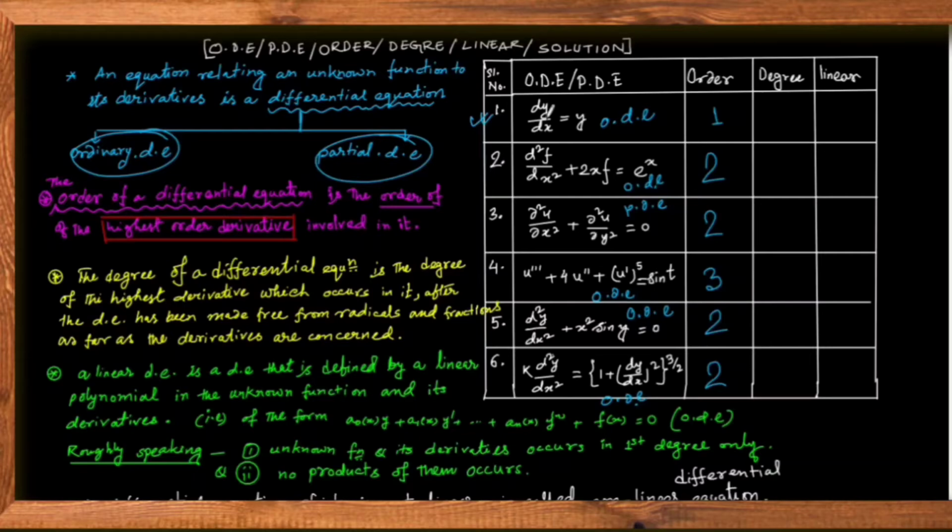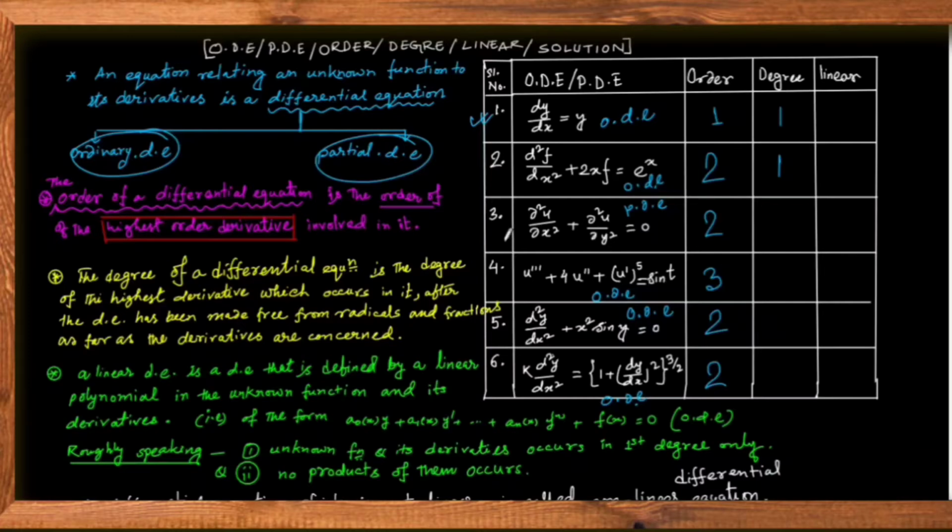For the first example, dy/dx, degree is 1 because the degree of the first order derivative is 1 here. For the second equation, it is 2. No, sorry, it is again 1, because the highest order derivative is d²f/dx², whose power is 1. Yeah, so degree is 1.